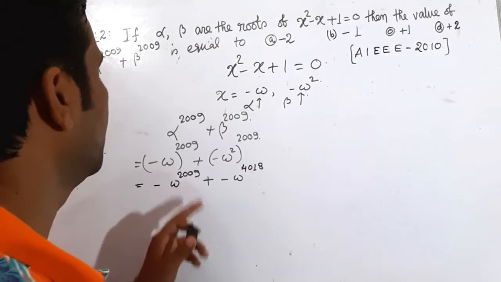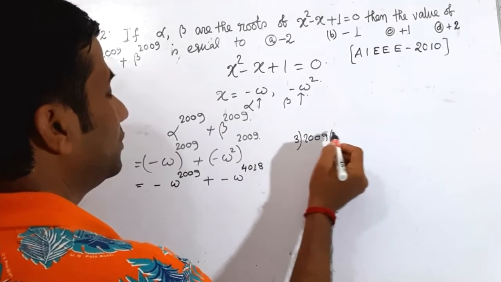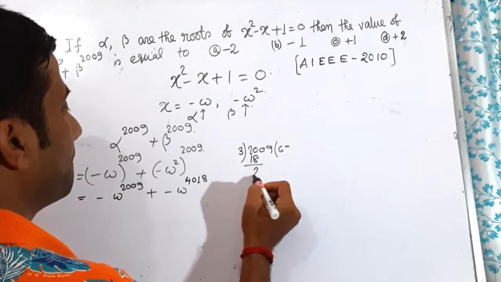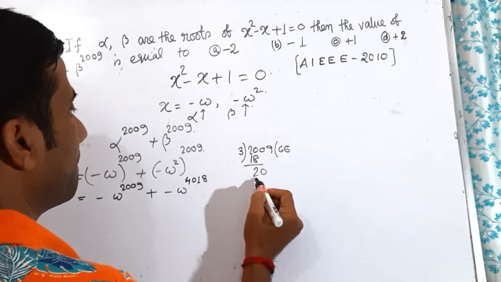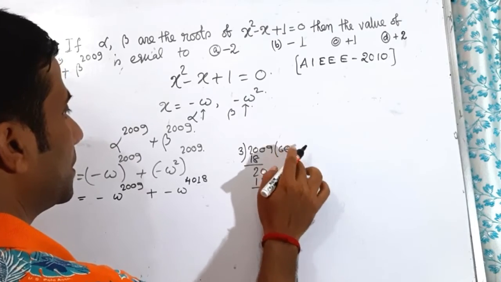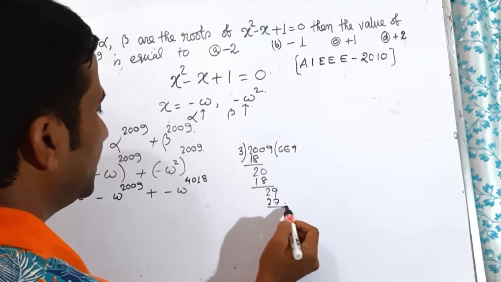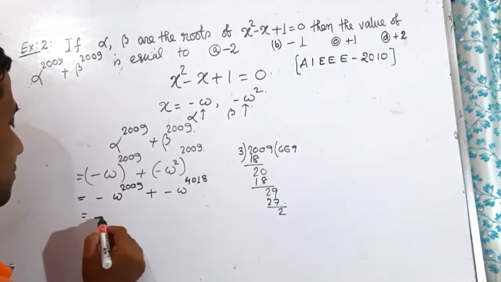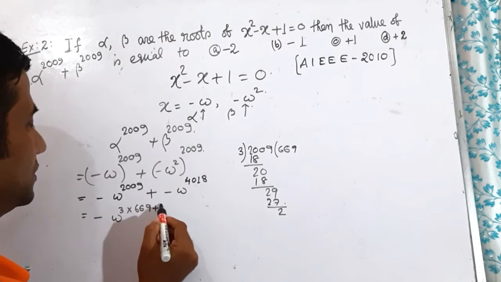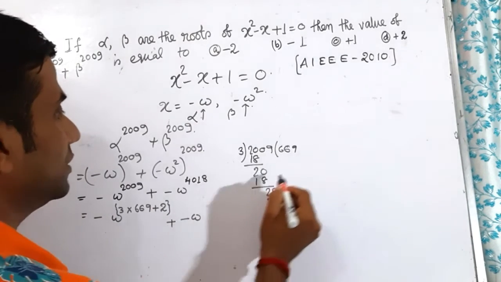Now dividing 2009 by 3, we get this, 9s are 27. That means from here we get minus omega cube into 669 plus 2, and this can be written as minus omega.